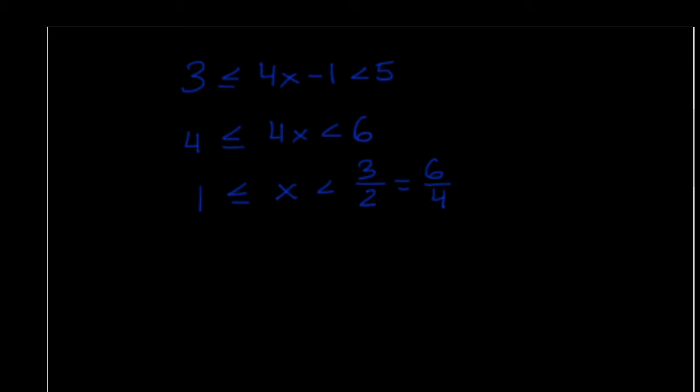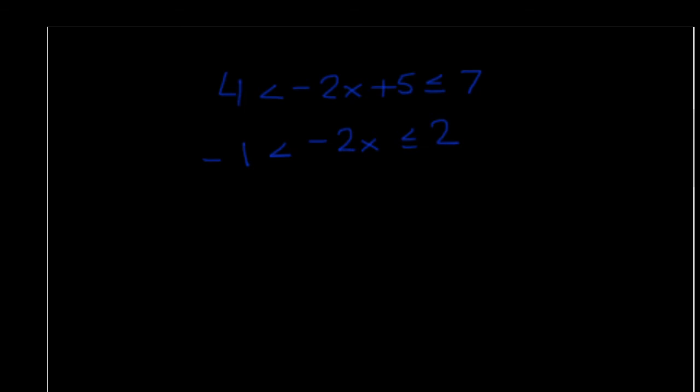Okay, moving on. 4 is less than negative 2x plus 5 is less than or equal to 7. I'm going to subtract 5 from all sides to get negative 1 is less than negative 2x is less than or equal to 2. Now, I'm going to be dividing by negative 2 on both sides.